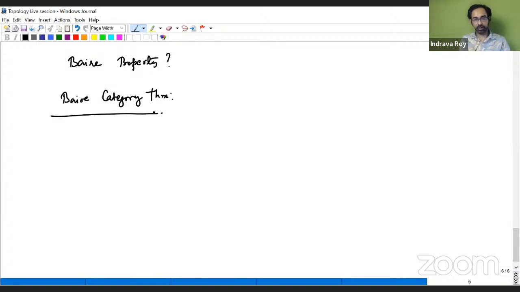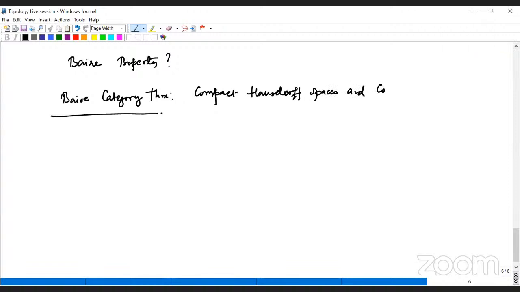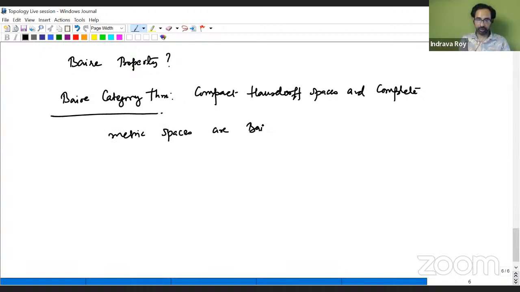The Baire category theorem says that compact Hausdorff spaces and complete metric spaces are Baire spaces. So from the Baire category theorem, it is immediate that I0 square is a Baire space.